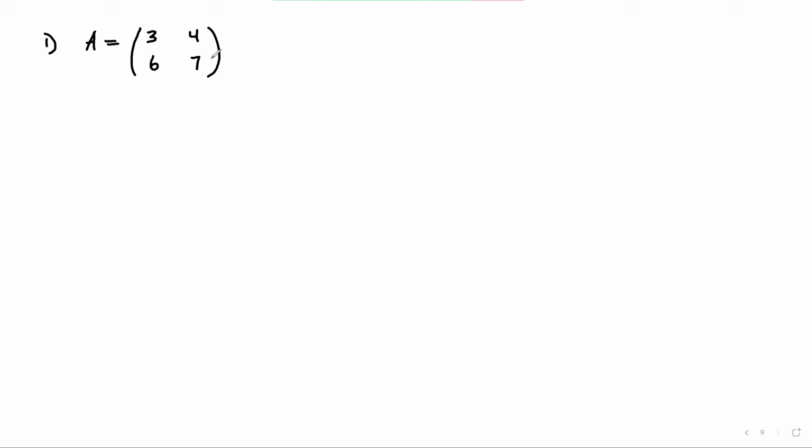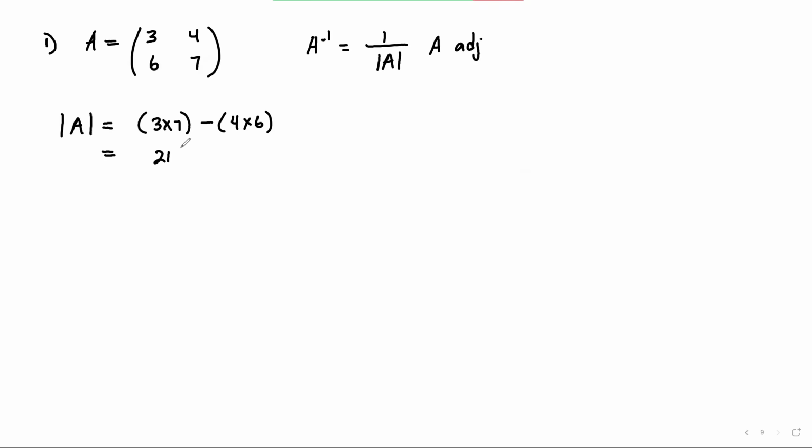So the first thing you do, recall A inverse is equal to 1 over the determinant of A multiplied by A adjoint, right? So the determinant of A is the product of the leading diagonal minus the product of the other diagonal. So the determinant of A will be 3 by 7 minus 4 by 6. 3 by 7 is 21. 4 times 6 is 24.